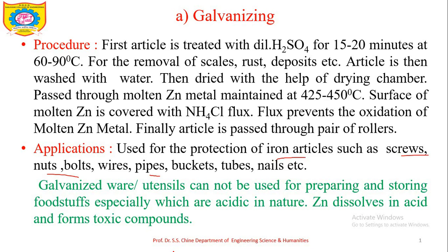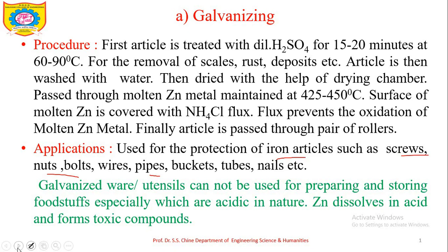It will lead to poisoning. Food poisoning may occur if we use galvanized utensils for cooking or storing food material. So we can't use them for cooking or storing food material. That is all about galvanizing.